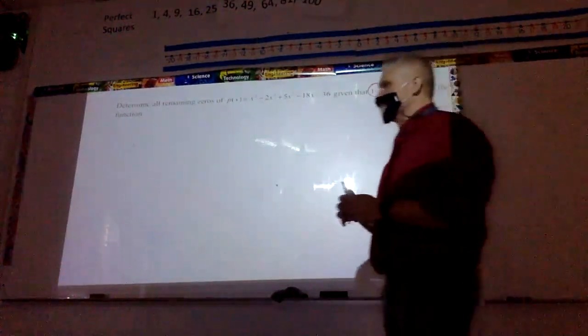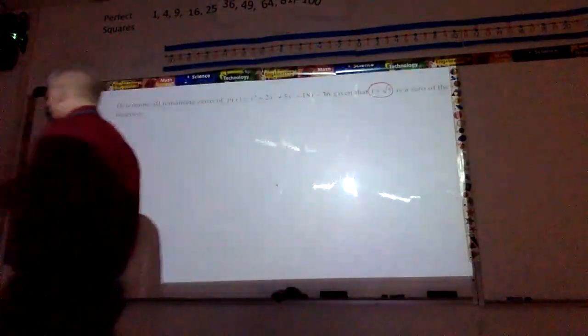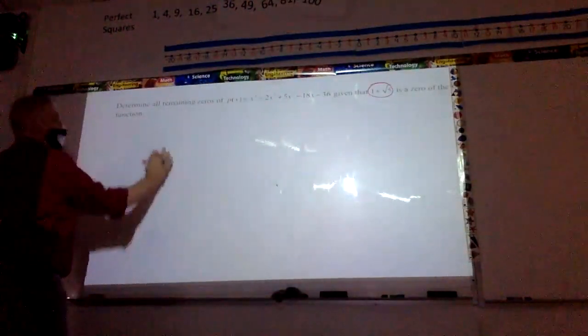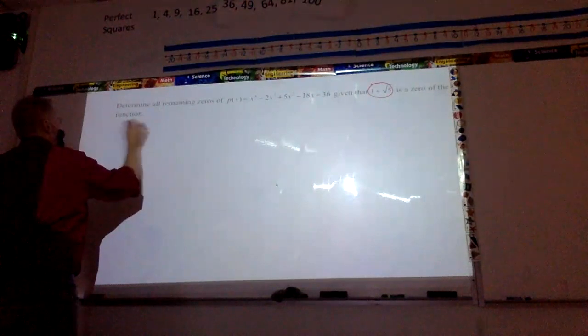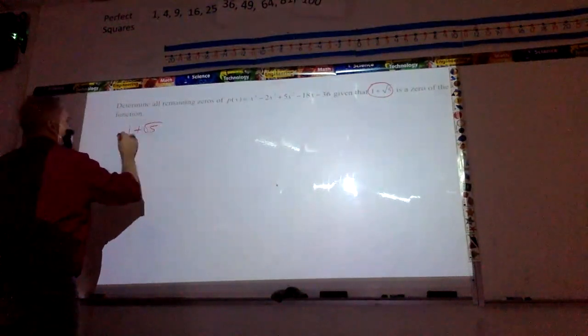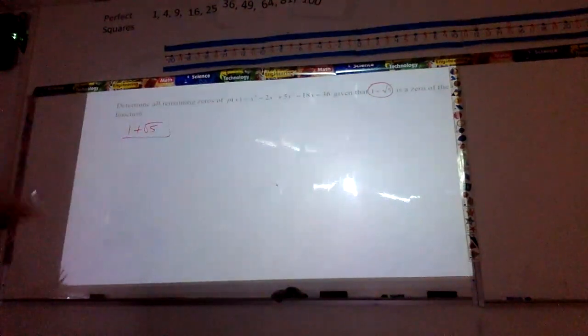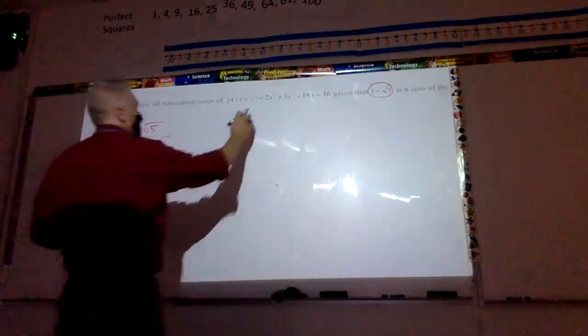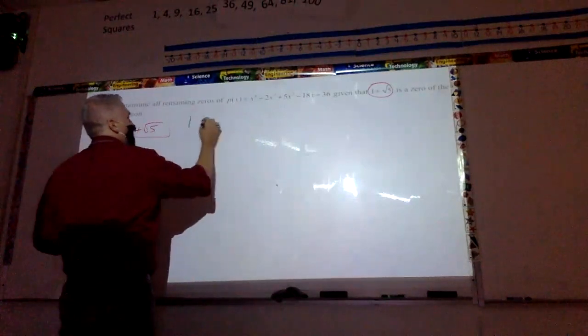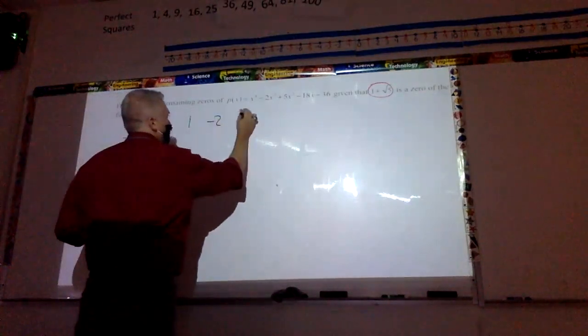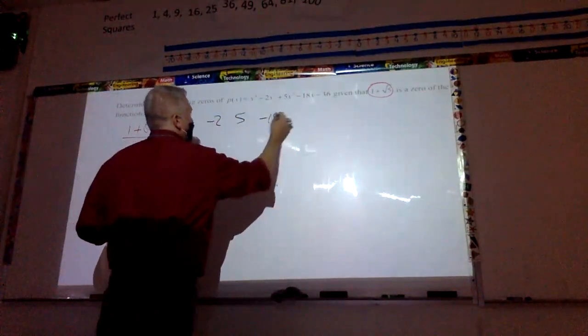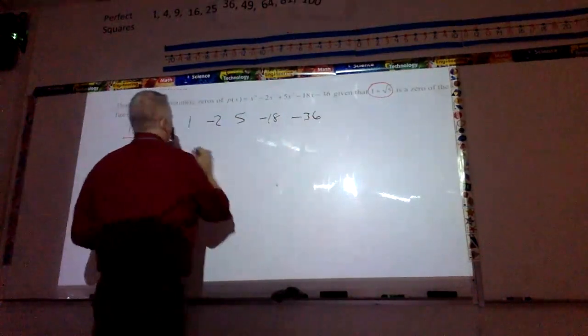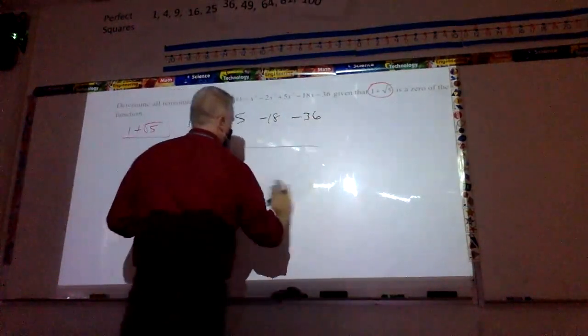We did synthetic division. So guess what we're going to do? We're going to do synthetic division. So 1 plus root 5 is a zero. We put 1 plus root 5 right out there. We're going to do the same thing we've been doing. So 1x to the 4th minus 2x cubed plus 5x squared minus 18x minus 36. Cha-ching.